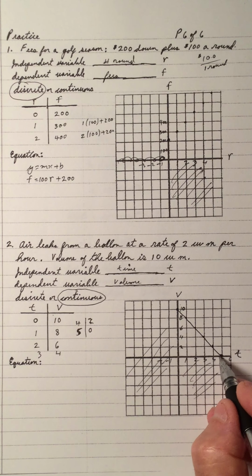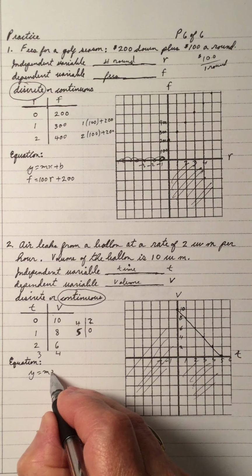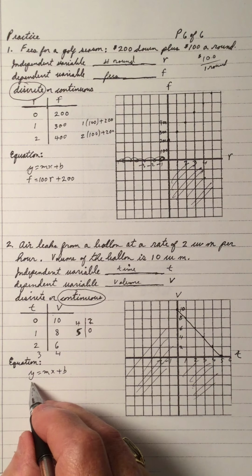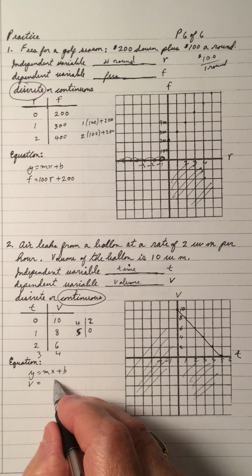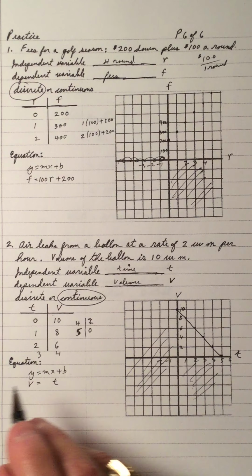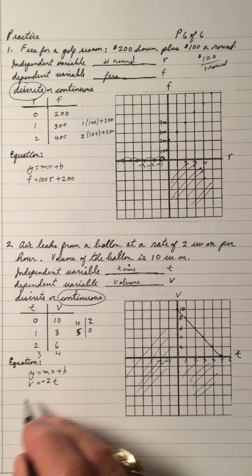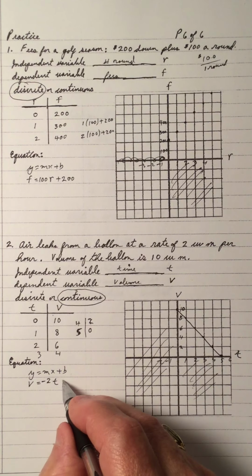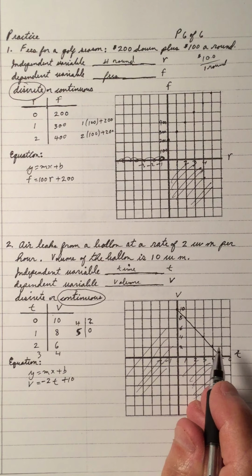Empty is 5 hours. So the equation is like y equals mx plus b. The volume is your y, x is your time, and notice you're going down, so that's a minus 2, and you're starting off at 10. That's from the graph.